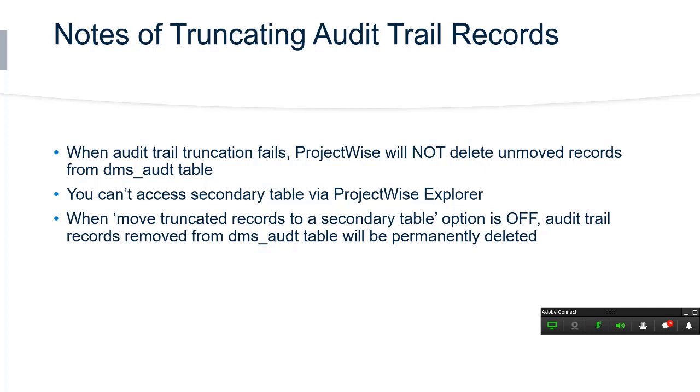Normally within ProjectWise Explorer, you go to a folder or a document, go to the audit properties, audit trail tab, and you can see all these audit trail records. It's only going to show the records within the primary audit trail table. It's not going to show any records from the secondary audit trail table. So you can't use ProjectWise Explorer directly to view the secondary audit trail table, but you can still run any DB tools to query it.